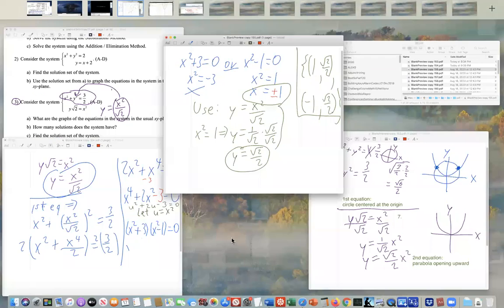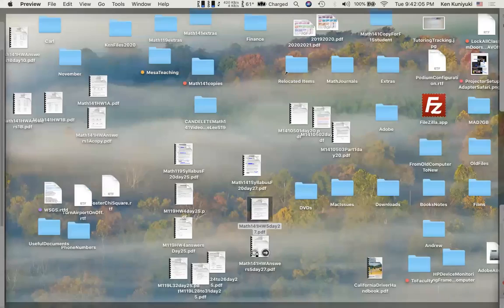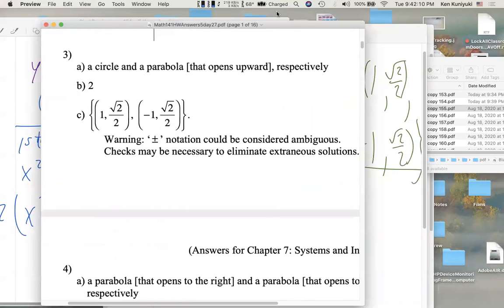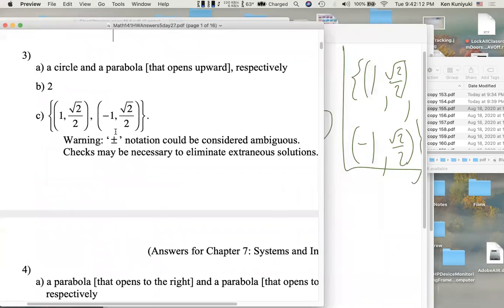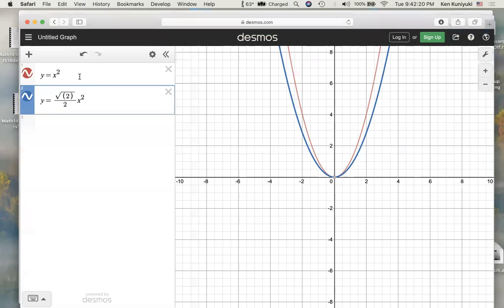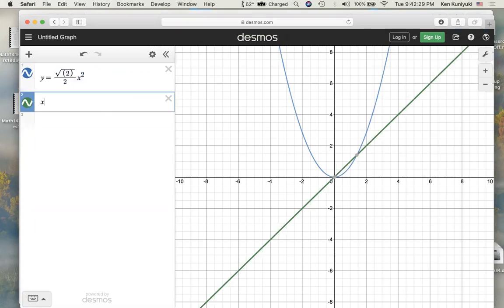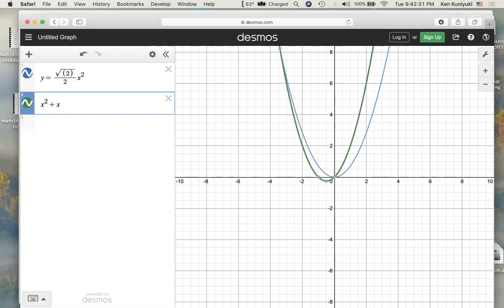Let me see that it is. Yes. So the solution set consists of the ordered pair 1 comma root 2 over 2 and the ordered pair -1 comma root 2 over 2. Let's look at Desmos to confirm that. So we have the circle x squared plus y squared equals 3/2.